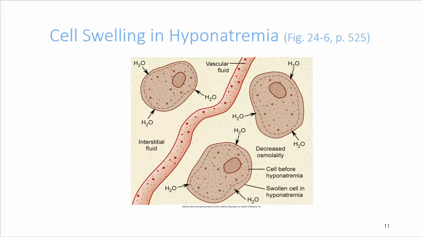Okay, so now we're going to look at the water imbalances. So hyponatremia means that there's too much water for the amount of salt. So there's a decreased osmolarity, osmolality in the extracellular fluid. So the sodium is below 135 milliequivalents per liter.